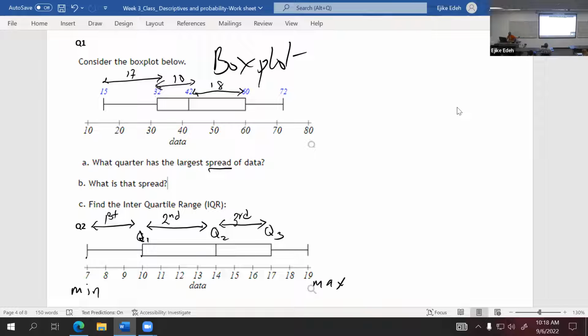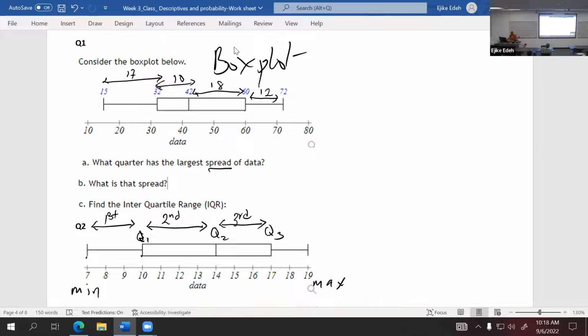But assuming we are to do it, the difference between Q3 and the maximum is that 12, right? Yeah, so if you talk about the spread in terms of the quartiles, the biggest spread will be 18, of course.